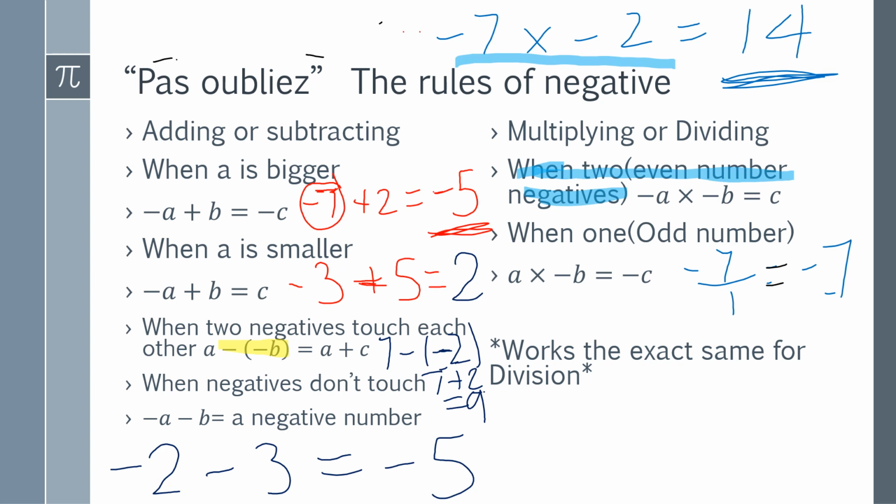And you could say negative 7 times negative 1 times negative 2. That's still going to be a negative number, but that'd be negative 14 because of it being an odd number of negatives. And again, that's how you operate with multiplying and division. I'm glad to help you on that one.